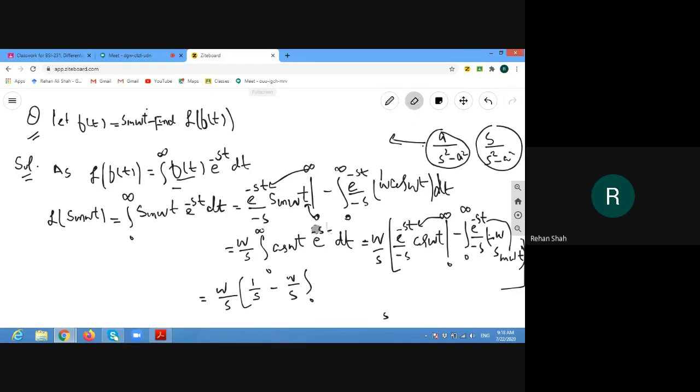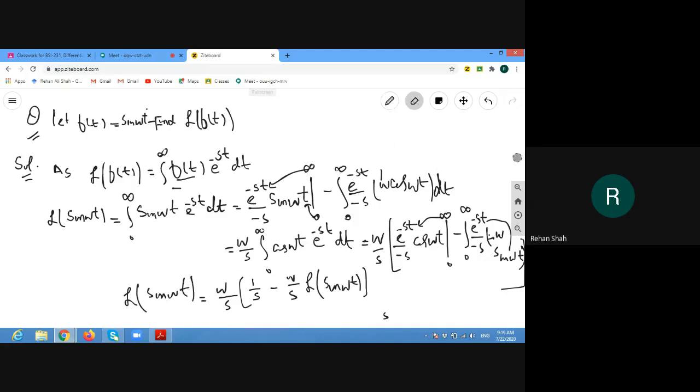This will give you Laplace of sin omega t. So you have started with Laplace of sin omega t, and Laplace of sin omega t has appeared again. So you take it from the right hand side to the left hand side.